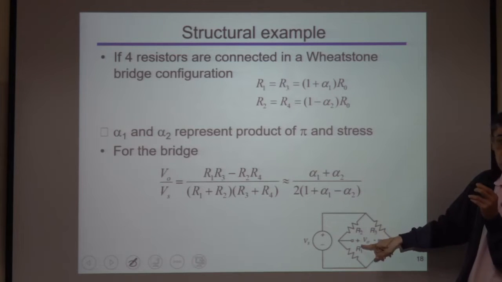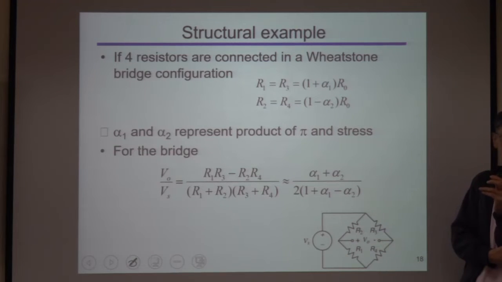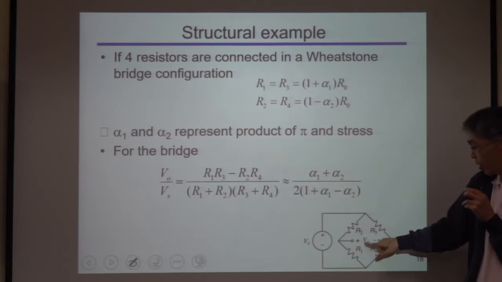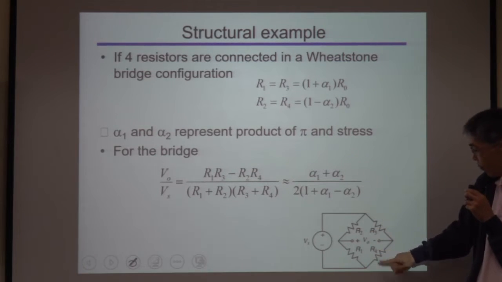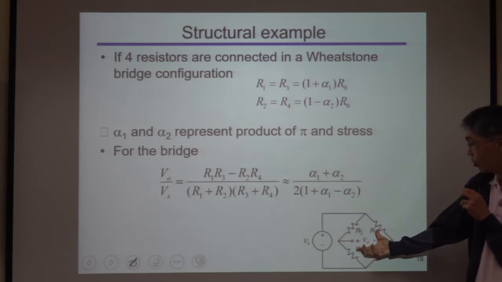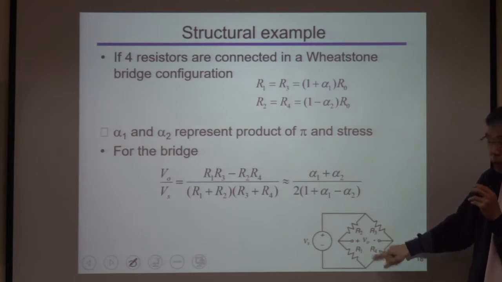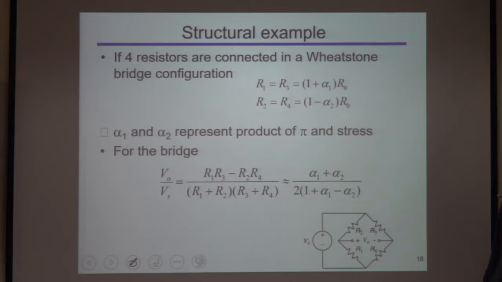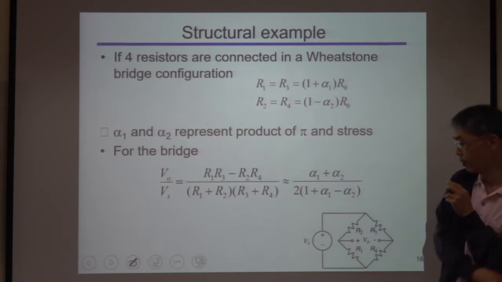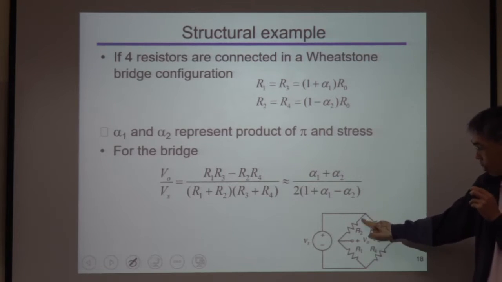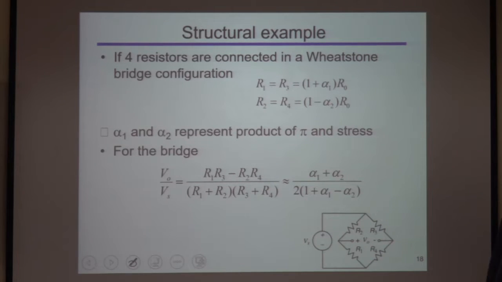Then we have the Wheatstone bridge for this pressure sensor. In the bridge, we arrange R1, R3 here, R2, R4 here. V0 is the output voltage. Vs is the bias voltage supplied to this bridge.